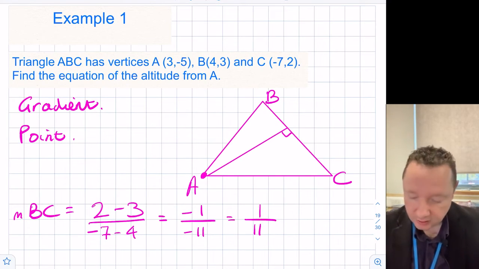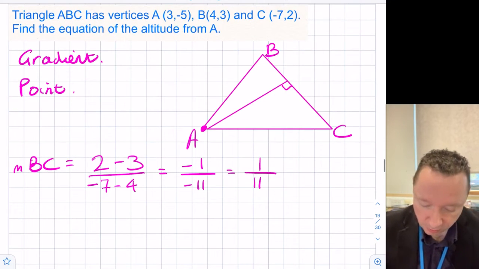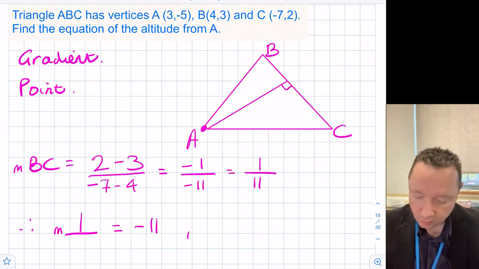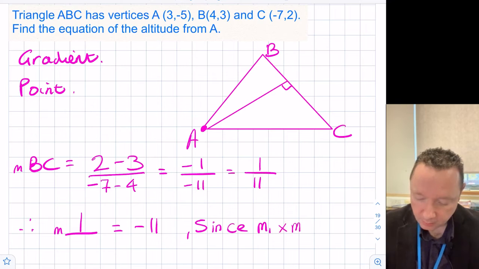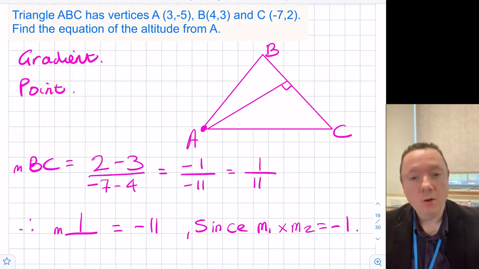So we know the gradient of BC, and since it's an altitude, therefore, the gradient of the perpendicular equals -11 because of negative reciprocals. And we always need to write our little statement since m1 times m2 must equal -1. So we've now got our gradient.